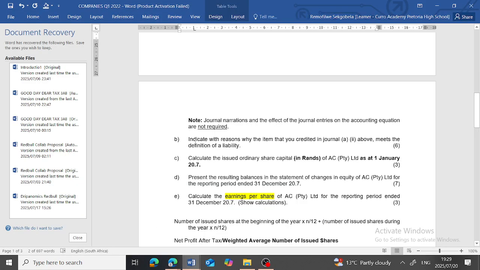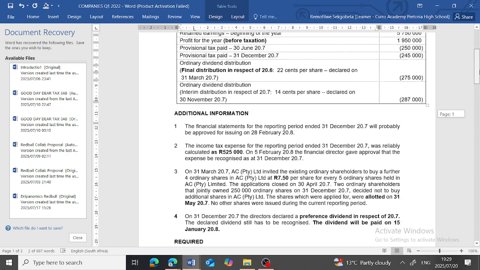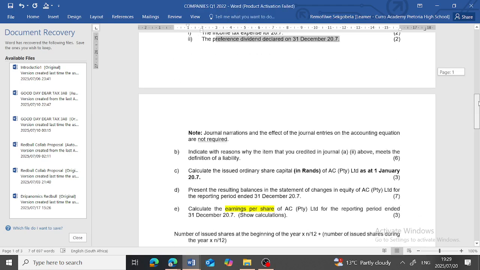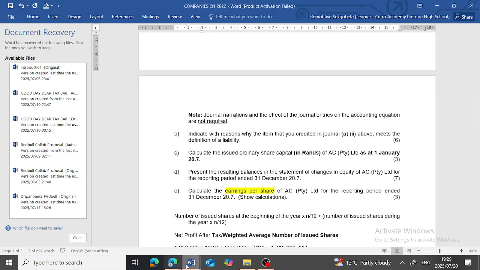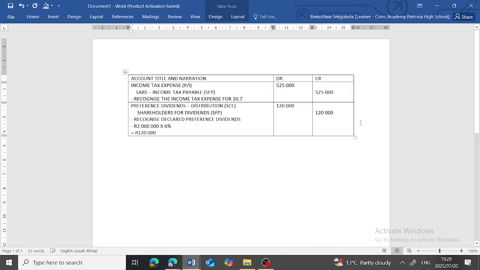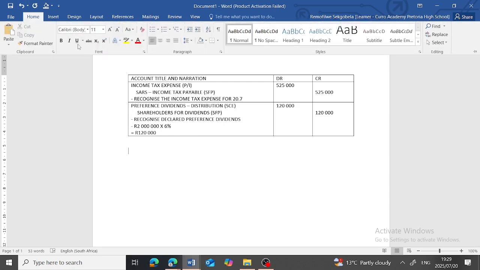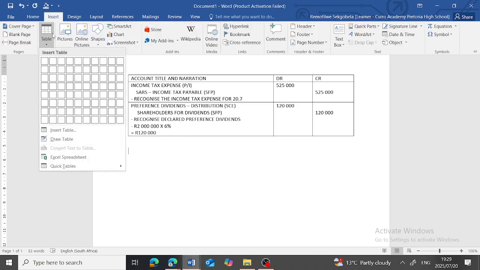So B: indicate with reasons why the item you credited in A2, which is this one, the preference dividend one, meets the definition of a liability. So they are asking why shareholders for dividends is a liability. Can someone be brave enough to try and answer?